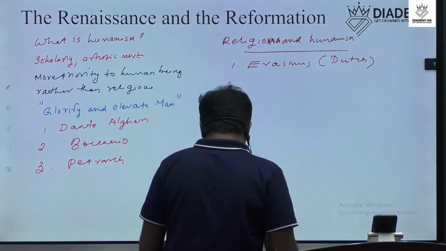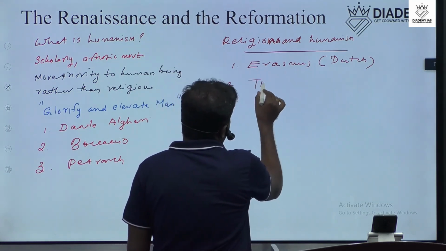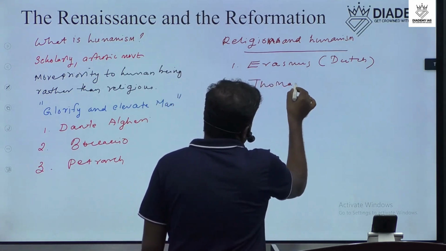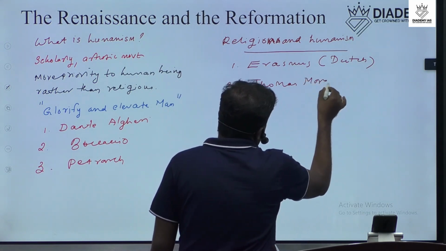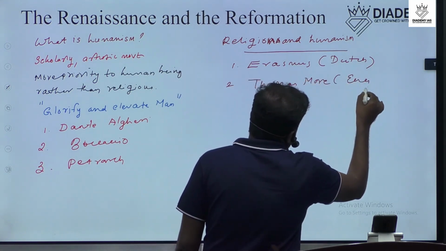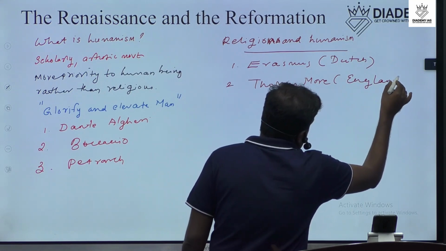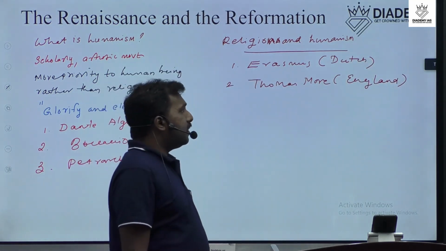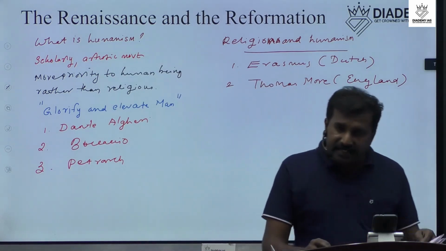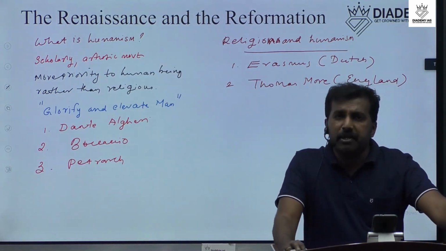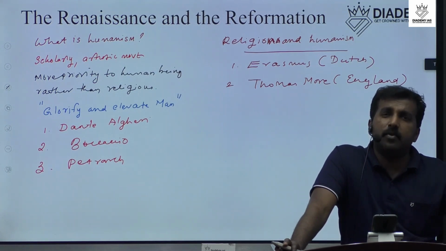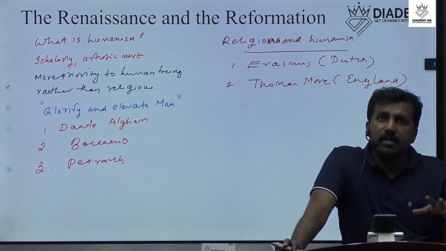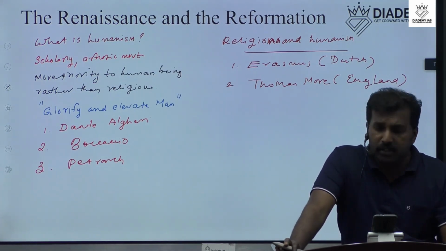And the second one is Thomas More, from England. These are the important personalities who worked in the field of religious humanism.